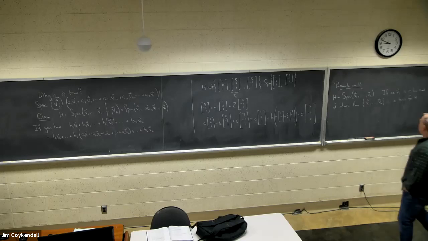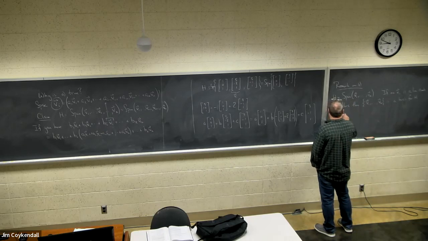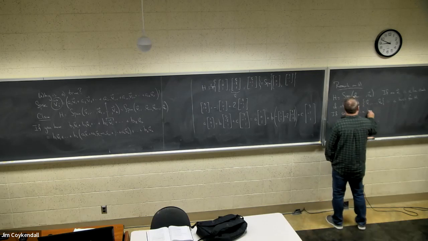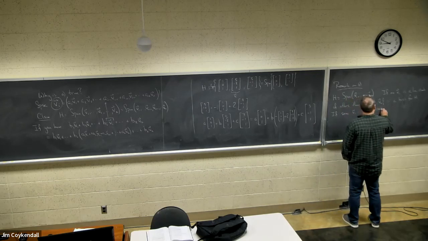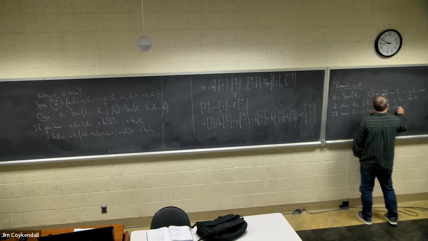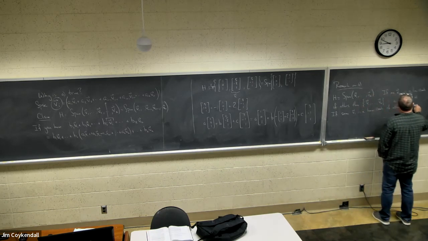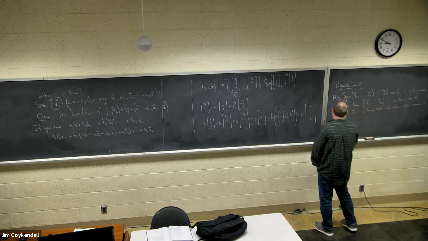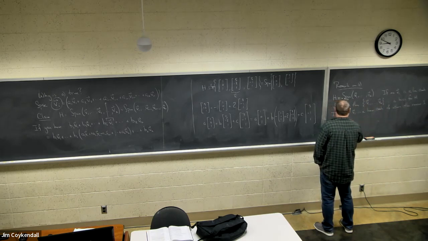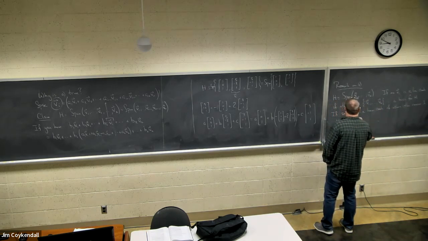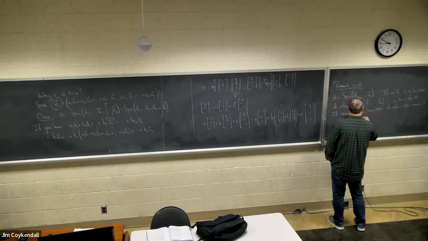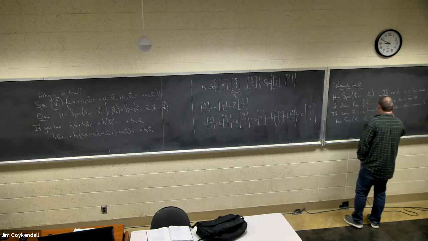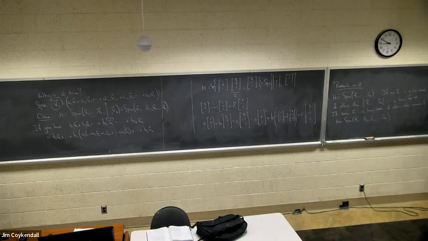If one v_i is a linear combination of the others, then remove it. And now you have H equal to the span of v1 through v_(i-1), v_(i+1) through v_k, and you have one less vector.